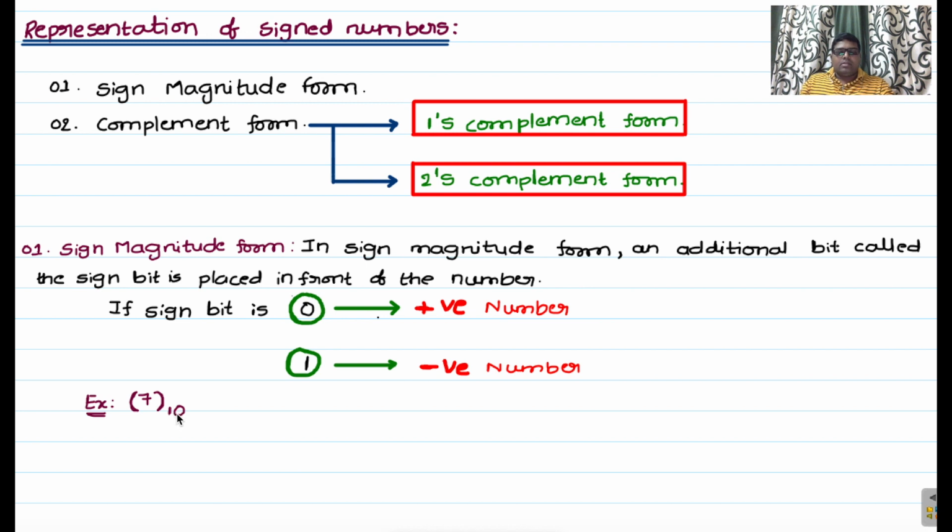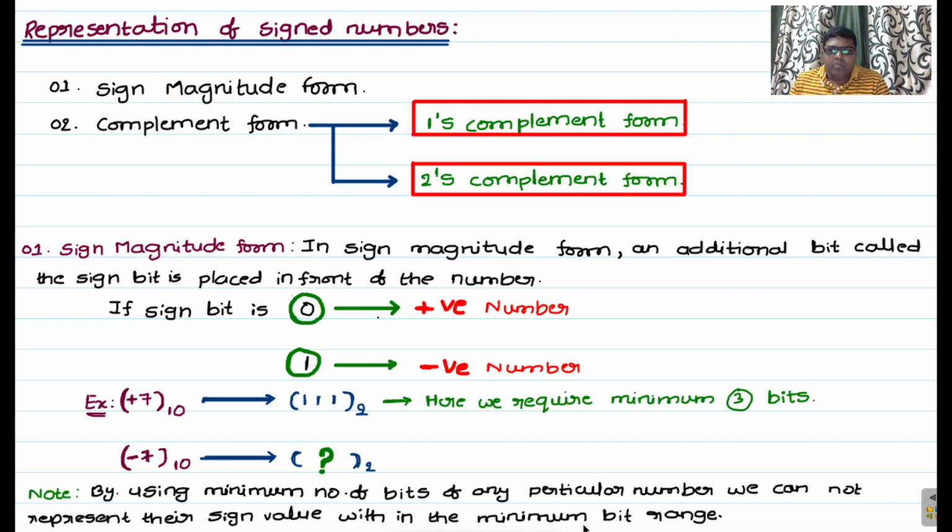First of all, how many bits are required to represent this positive 7? Already we discussed in an earlier session. In order to represent a positive 7, we have to use a minimum of 3 binary bits, those are 1 1 1. So minimum 3 bits are required.